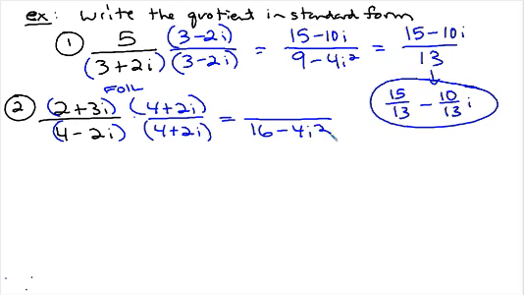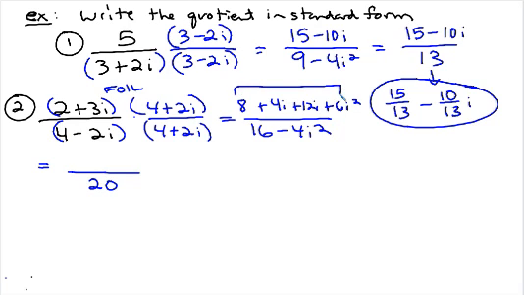2 times 4 is 8 plus 4i plus 12i plus 6i squared on top. And we can clean that up. The bottom is just going to be 20. The top, I'm going to have an 8 minus 6, which is going to be 2 plus 16i.